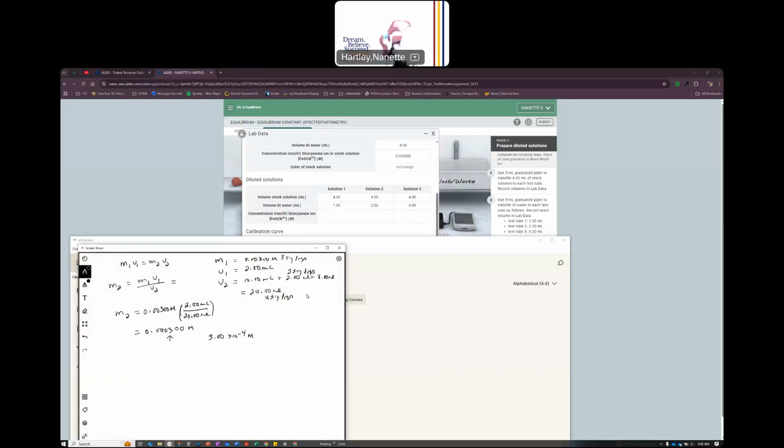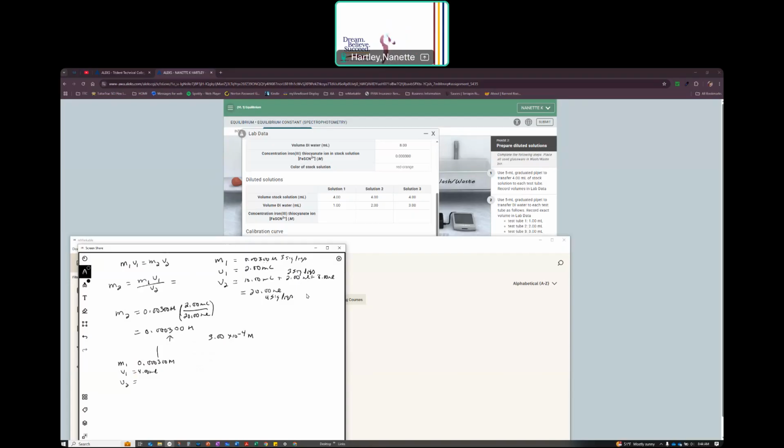So I have 4 milliliters of that stock solution that I've used for all of them, right? And the molarity of that solution we calculated to be 0.000300 molar.